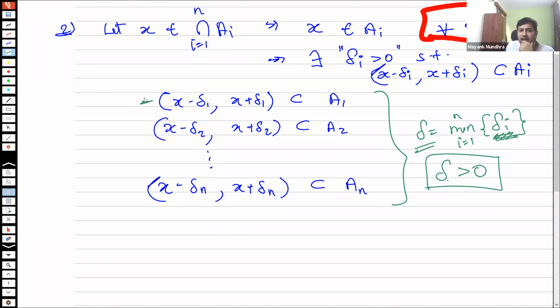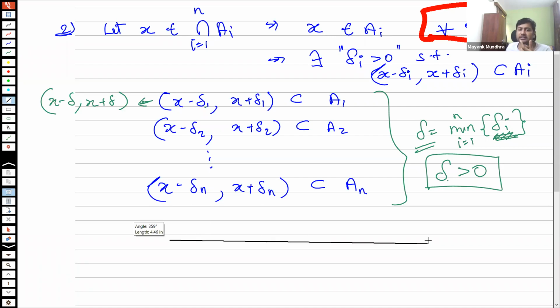So what this implies is that (X minus delta, X plus delta) is going to be a set which is shrunk, which is narrower than (X minus delta 1, X plus delta 1). Right? In the limiting case, it's going to be equal. So this is my point X. This is my X plus delta 1.